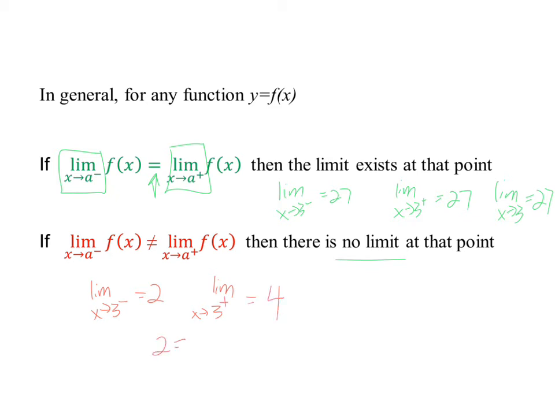Because 2 doesn't equal 4, we would say no limit in this case. If you're going to use your calculator, the trace feature works pretty well. You'd approach from one side, getting closer and closer to a certain number, then approach from the other side. If those numbers match, you're in business. What typically happens when they don't equal the same thing is we usually get a break in the graph, or a little jump or step in the graph. That's what we'll explore next.